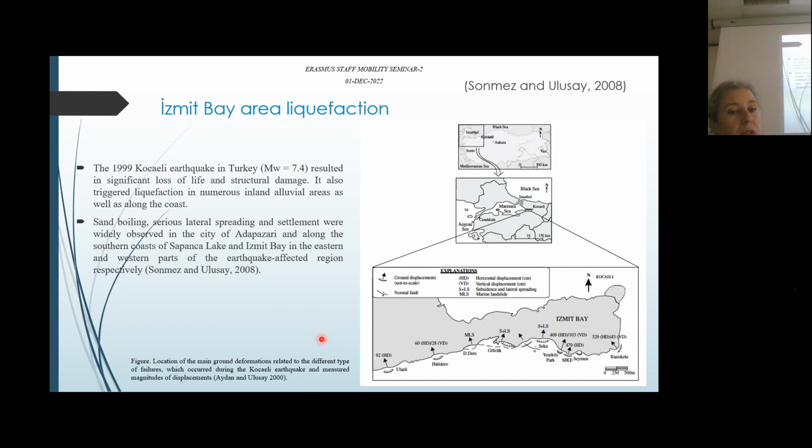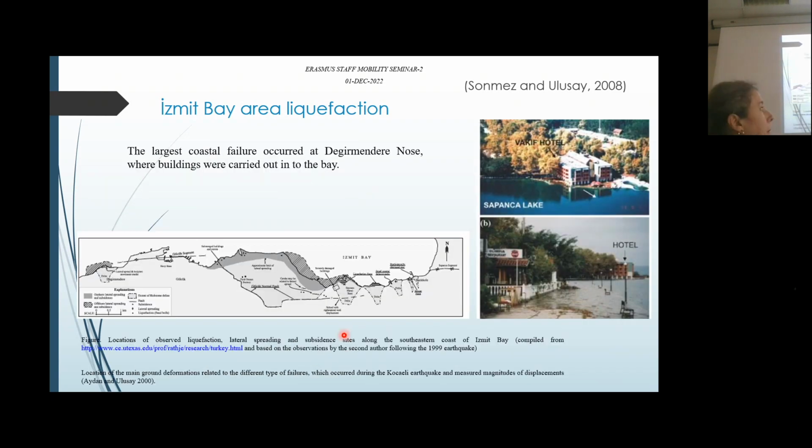That's because of the 1999 earthquake. And here you can see the distribution of the Izmit Bay area. I think maybe I should make it bigger.